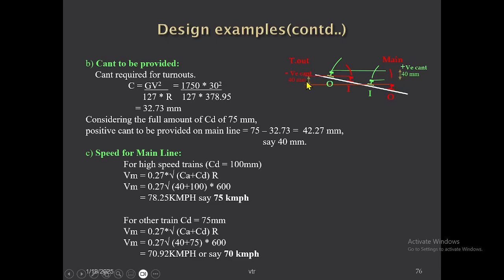Actually we would have to provide 32.73 on the turnout side, but we are not providing it. We are permitting cant deficiency and lowering the outer rail of our turnout side, duly availing the cant deficiency. Once we lower it, there will be a cant of 40 mm that will be negative. Once it is negative, that will become positive superelevation for the main line.